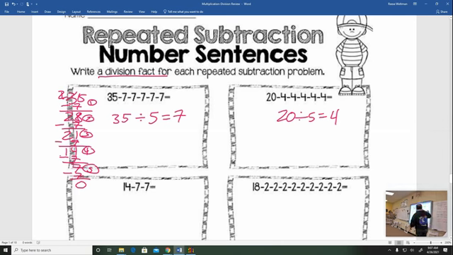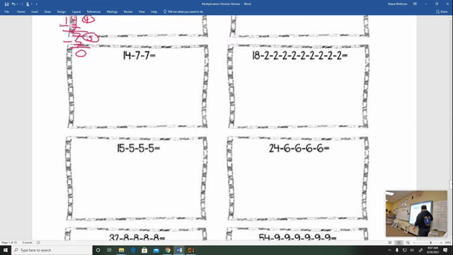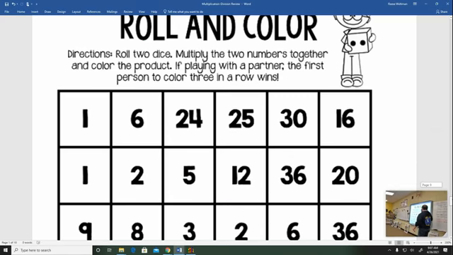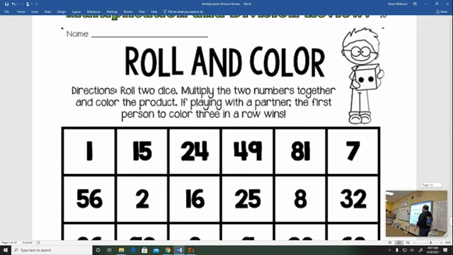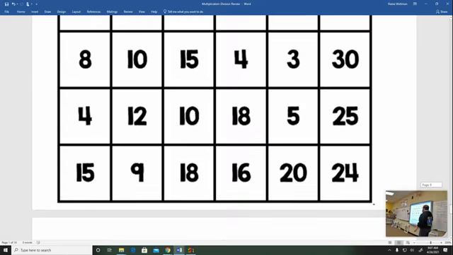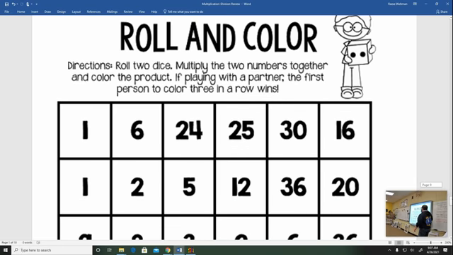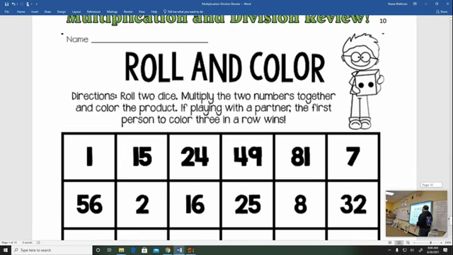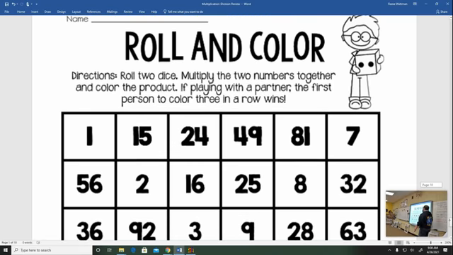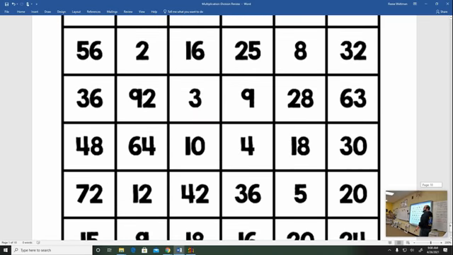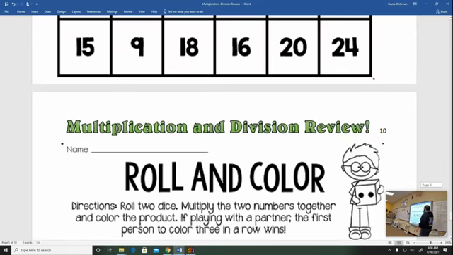Okay, so now on the last 2 pages, stop before you get to these because these are going to be done with a partner. One of these is roll and color, multiplying 2 numbers together. And the next one is also multiplying 2 numbers together with bigger numbers. So the products are there.